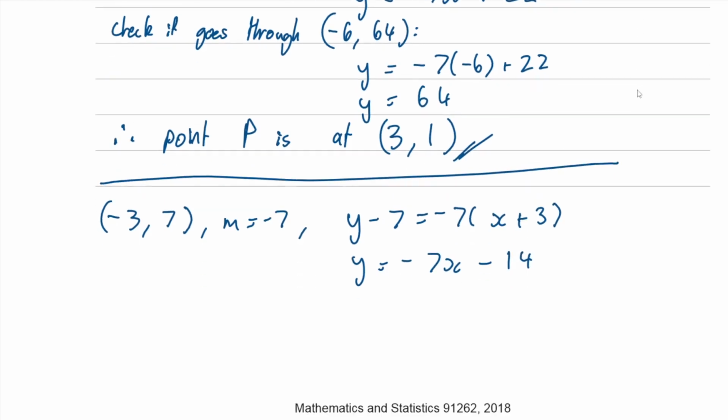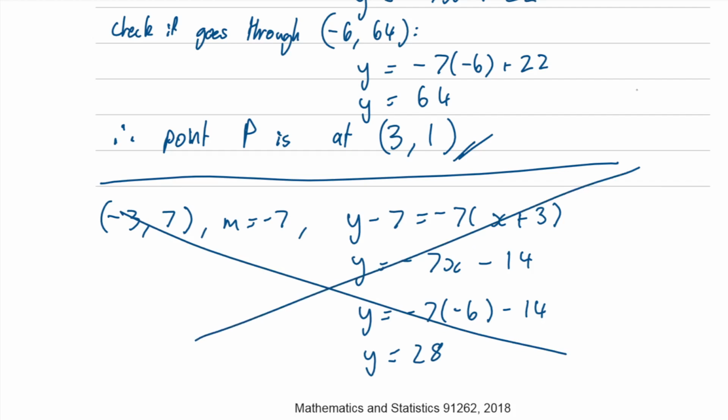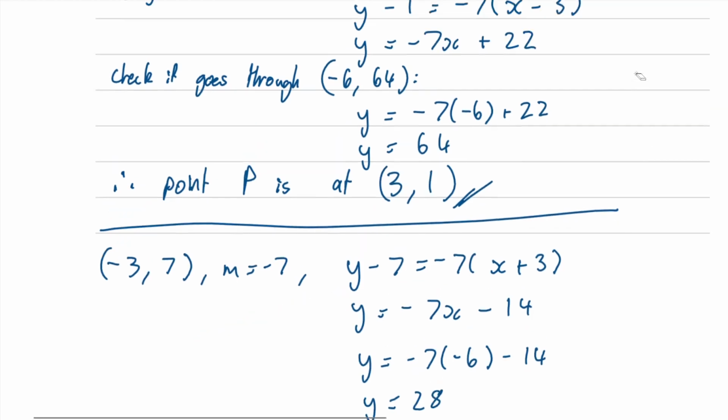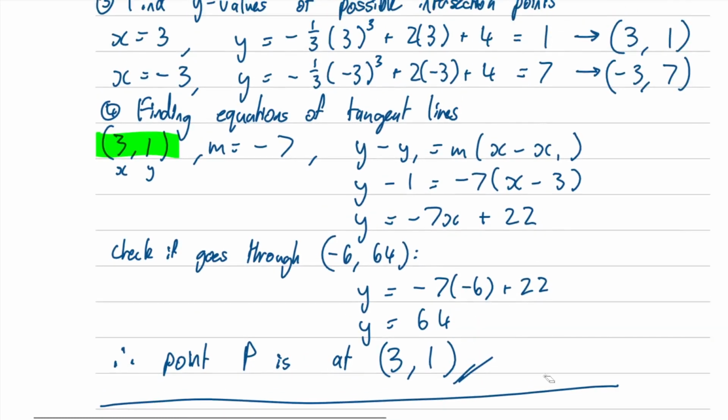And when x equals minus 6, y would equal 42 minus 14, 28, which does not go through the required point, right? So we can rule out that point, and we're confident that the only point that P could be is (3, 1).